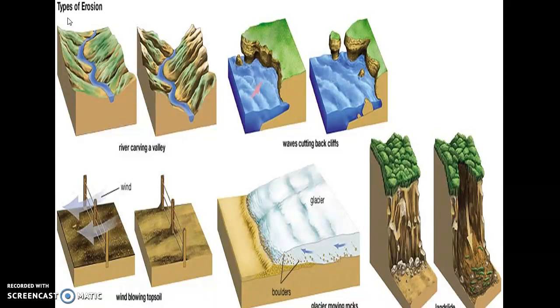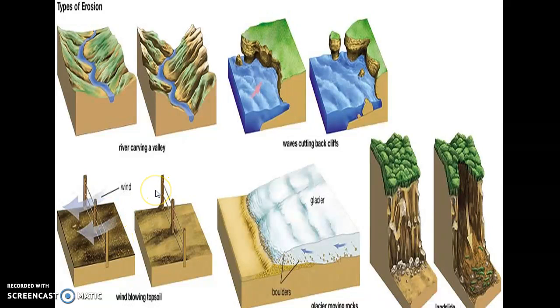And here are some types of erosion. You can see how a river cuts out a V-shaped valley here. If you're on the coast area, you can see how waves erode, and of course you have that taking place. You can see here where the wind is blowing topsoil.